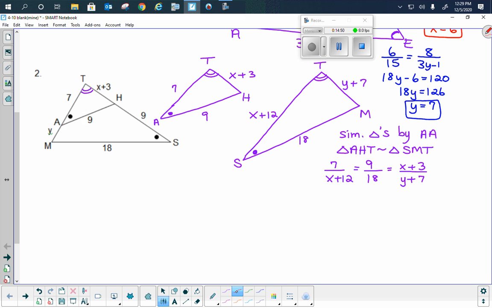But if I put the first one with the second one, notice I will have only x's and numbers. Okay, so I only have one variable. Perfect. Let's cross multiply. 9 times x plus 12 if you distribute would be 9x plus 108 equals 7 times 18, 126.